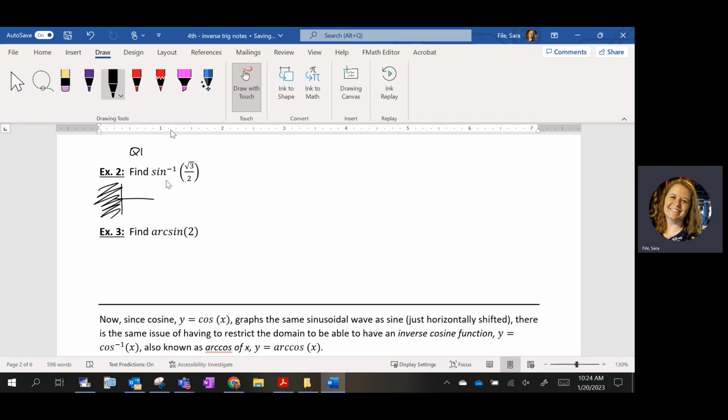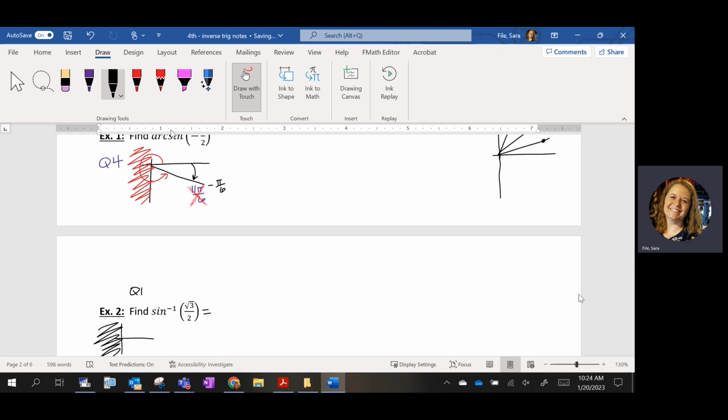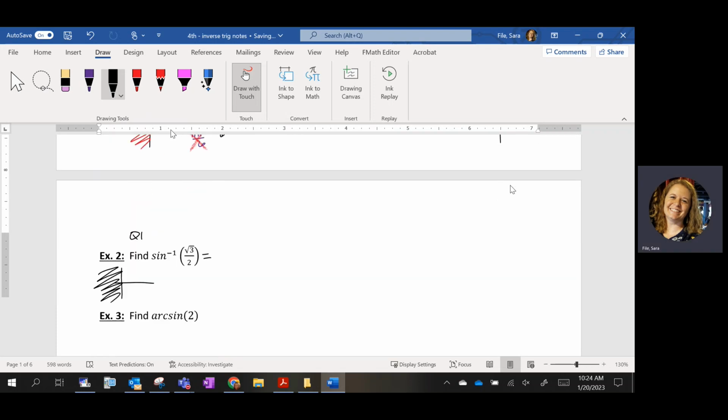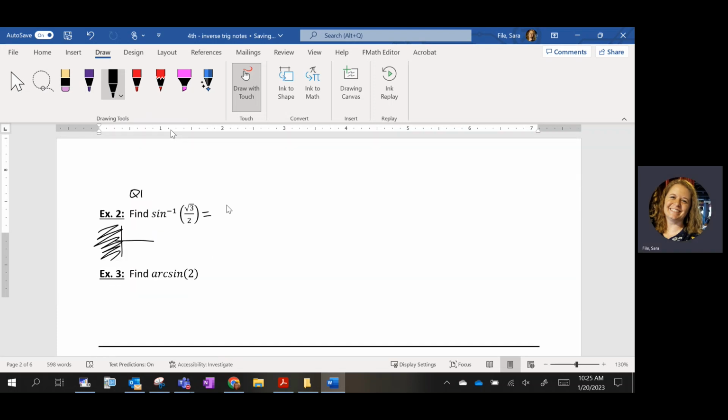At which angle is the sine value root 3 over 2? I just reviewed that with you right here. That's the y, root 3 over 2. Yeah, that's at the 60, or in radians, what is that? What's that angle in radians? Pi thirds. So our answer here is pi thirds, or 60 degrees.